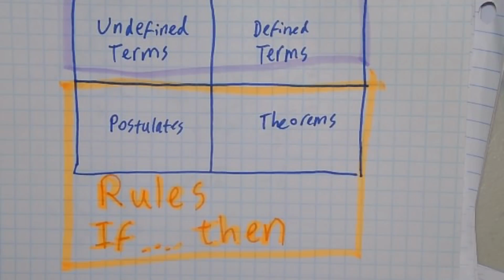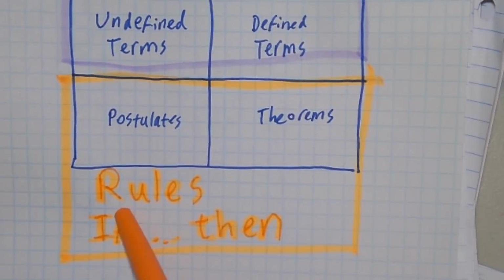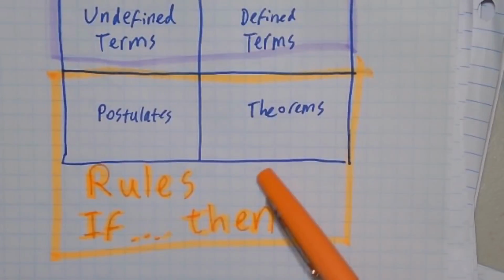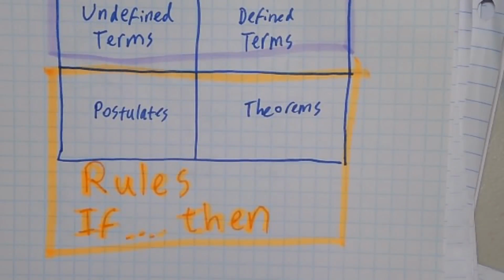So rather than just telling you, like, an angle is what happens if I have two rays that have a vertex in common, they have a common endpoint at that vertex, here I'm telling you, if some situation is true, then this other thing will happen too. If I have a triangle, then the angles inside that triangle add up to 180 degrees.